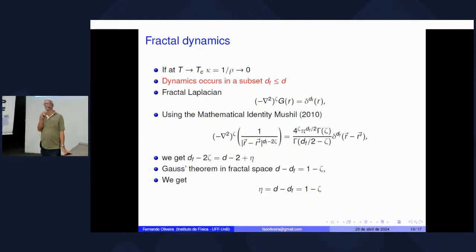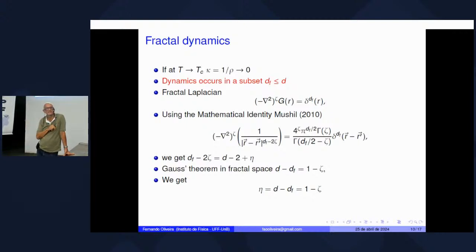What you are going to do here is like that. You are supposing that the dynamics of the spin close to the transition, due to the correlation between the clusters, must be done on a fractal dimension, df, which is smaller than the dimension d of the space.